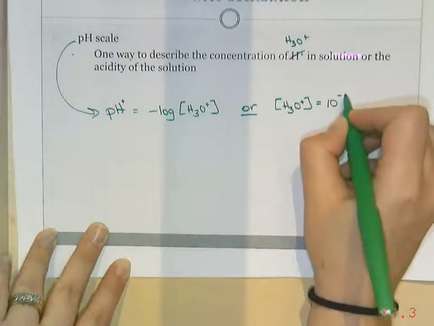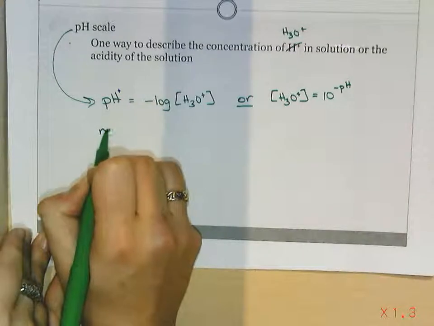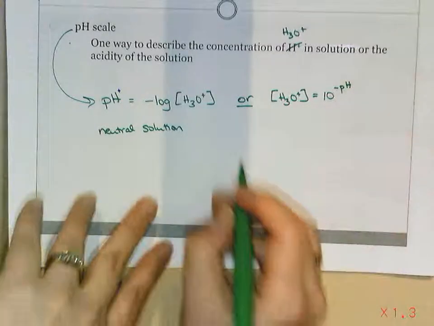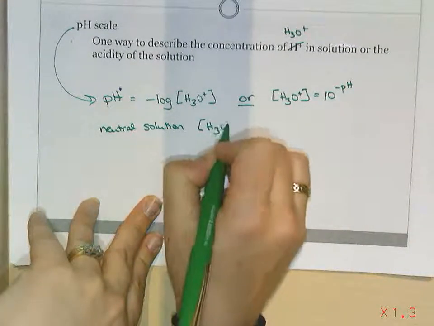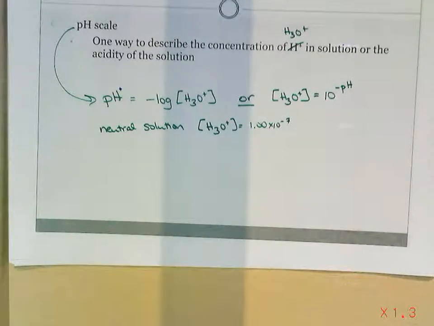All right, and then I could do the reverse if I just wanted the concentration by itself. I would use the power of 10 and raise it to the negative pH. So for the neutral solution, we can solve for the pH.